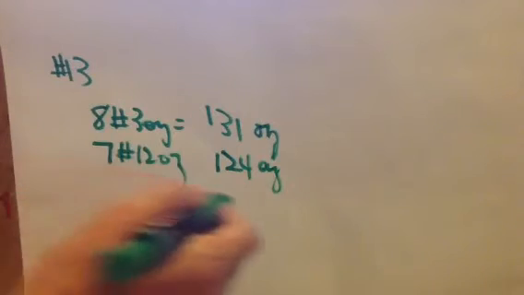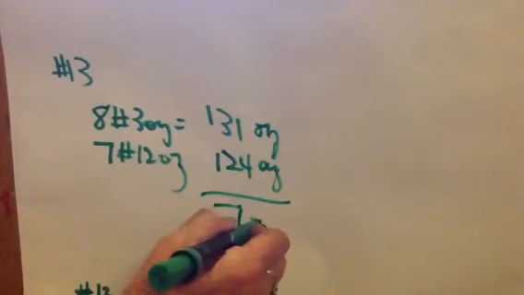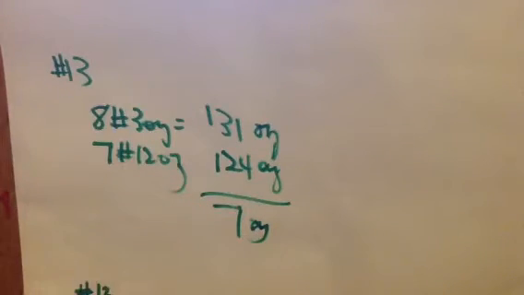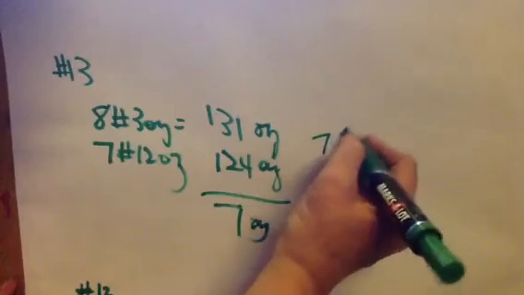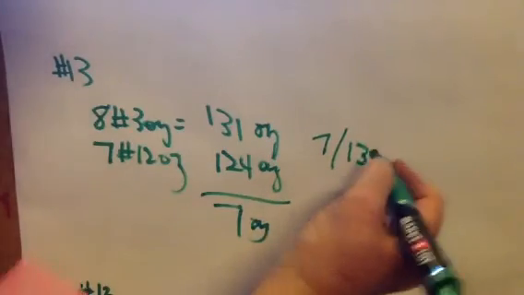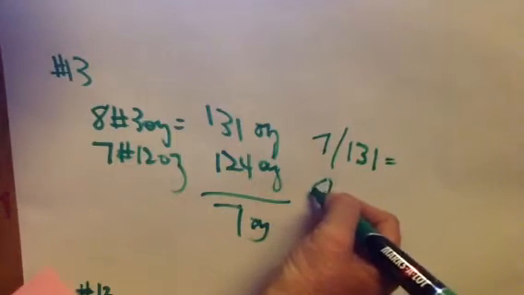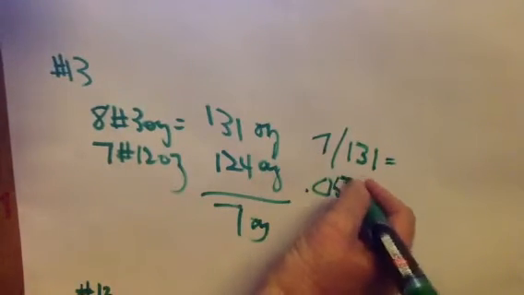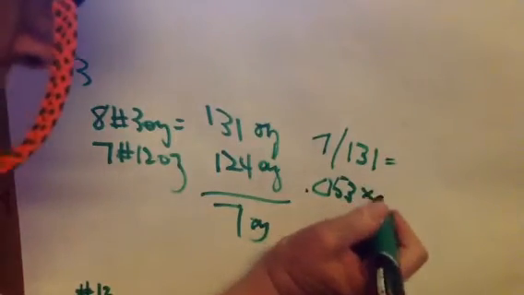So our difference, what the baby has lost, is 7 ounces. So this is the difference, and we want to divide that 7 divided by 131. So this comes out to 0.053, and it's percent, so we're taking that times 100.